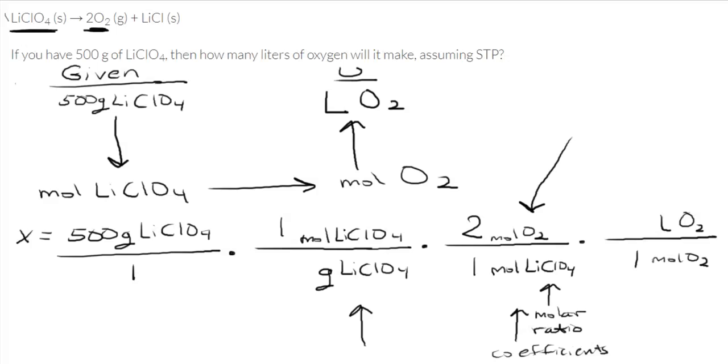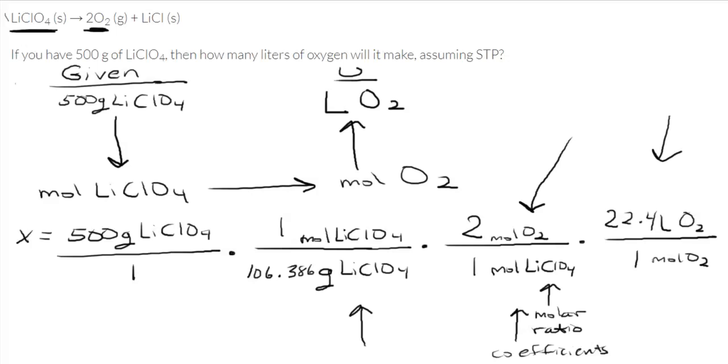So 15.999 times 4, put that in parentheses, and I get 106.386 grams. So 1 mole of lithium perchlorate weighs 106.386 grams. And I know over here that 1 mole of any gas occupies 22.4 liters of space.